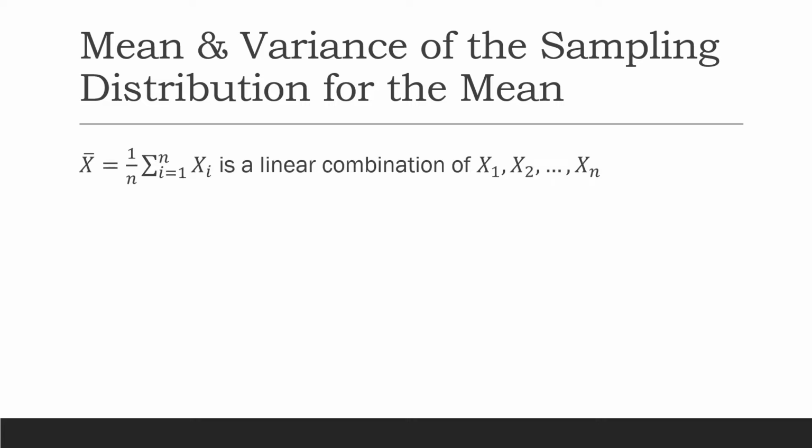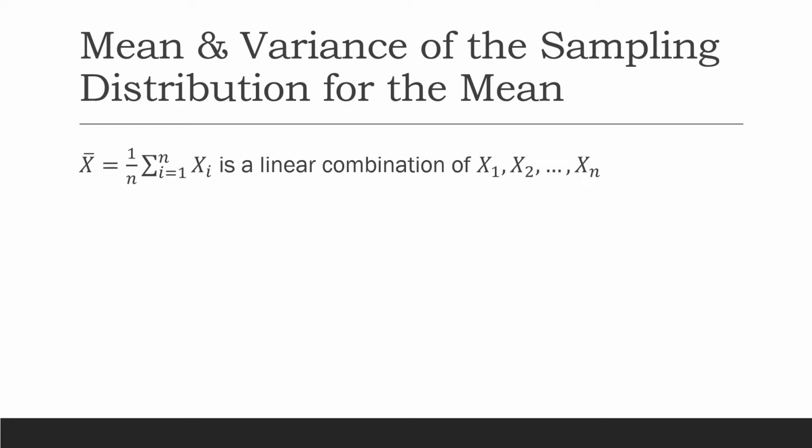First, we'll think about the mean and the variance of the sampling distribution for the mean. If we look at the formula that we use to calculate the sample mean, we can see that it's a linear combination of the random values that we're selecting from the population.